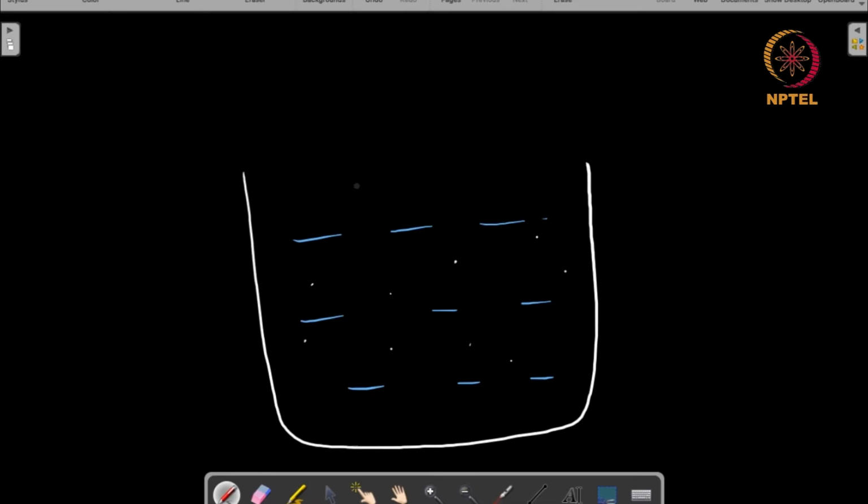And so we get a block of ice that has developed. And when this ice gets formed, this ice contains only water molecules. It does not contain any salt. So it's not a salty ice. It's an ice that is made out of fresh water. And so what happens to the salts? The salts are left out and they become more and more concentrated.